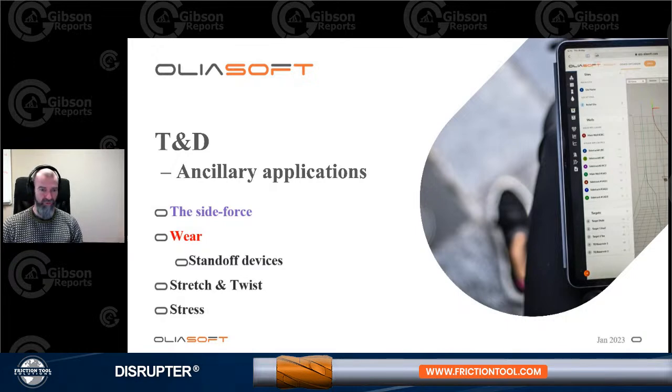And then, of course, if you are the one responsible for the torque and drag analysis, you might be the one that has to look at wear and see what these new operations might mean to the integrity of the well that we want to do more operations in.